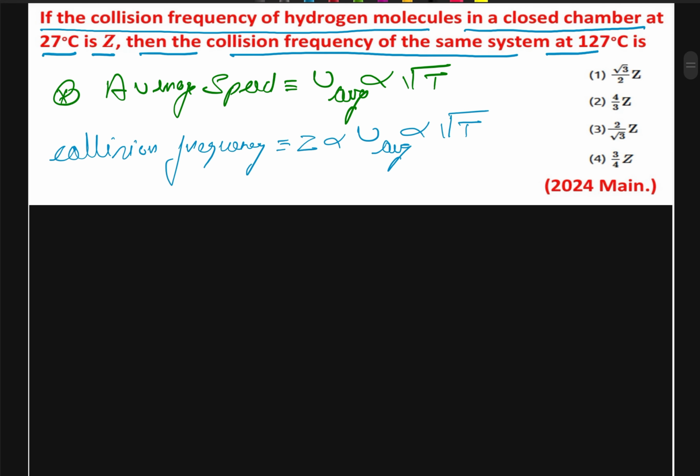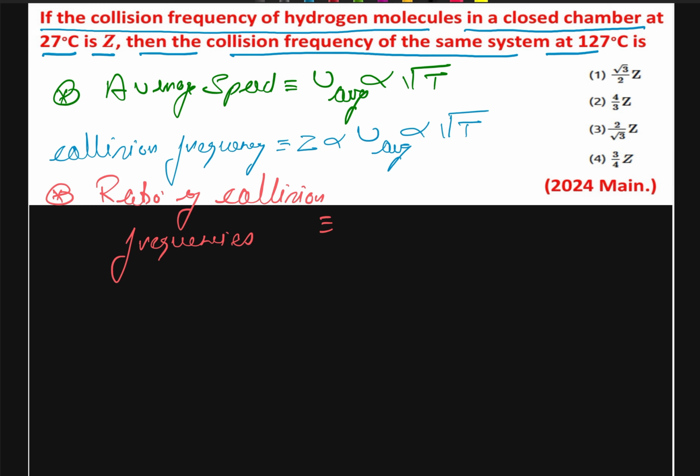And as per the given question, we can just find out the ratio. So we can say our ratio of collision frequencies.